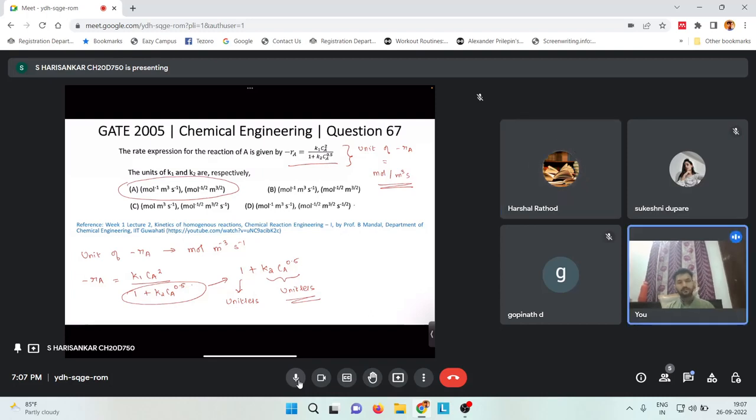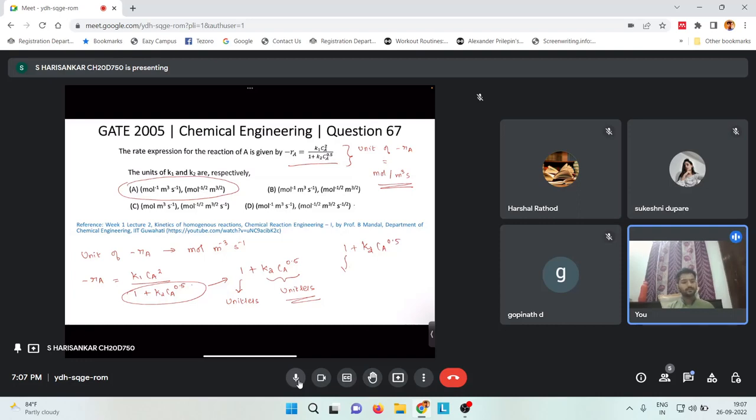If you see any number in the denominator, so here, let's say it is 1 plus K2 Ca raised to 0.5. This one is just a number, so this one is basically unitless.